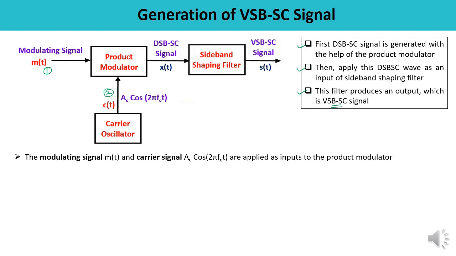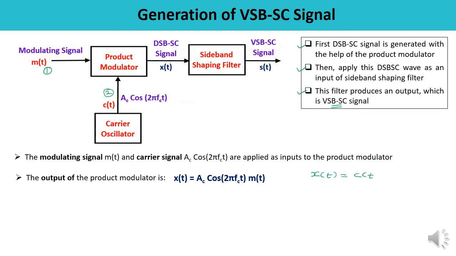First let us calculate the output of the product modulator. The output of the product modulator is denoted by x(t), which is the product of c(t) and m(t). Just substitute c(t), which is Ac cos 2 pi fc t, into m(t).